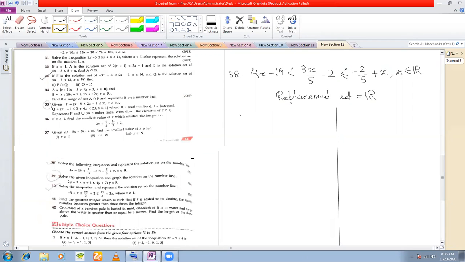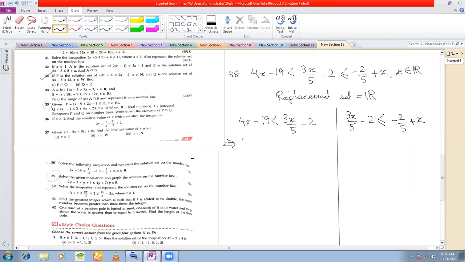First inequality is 4x minus 19 is less than 3x by 5 minus 2. The second one is 3x by 5 minus 2 is less than or equal to minus 2 by 5 plus x.